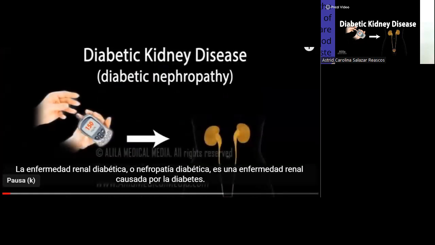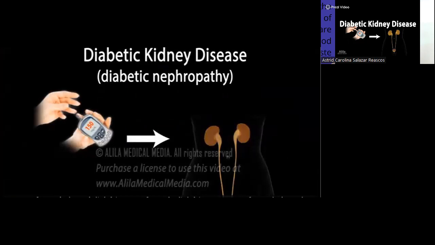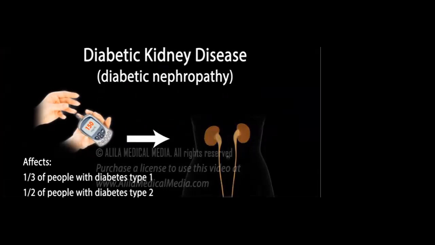Diabetic kidney disease, or diabetic nephropathy, is kidney disease caused by diabetes. It's a very common diabetic complication affecting about one-third of people with diabetes type 1 and half of those with diabetes type 2. Diabetic kidney disease is responsible for most of the excess mortality associated with diabetes.